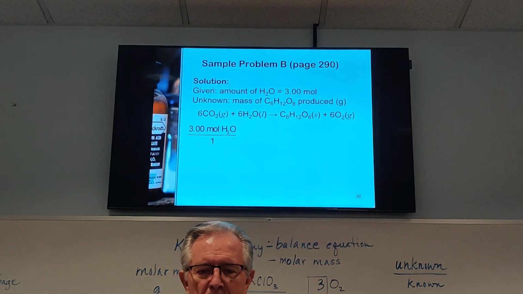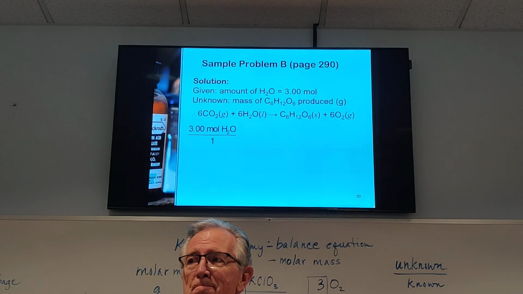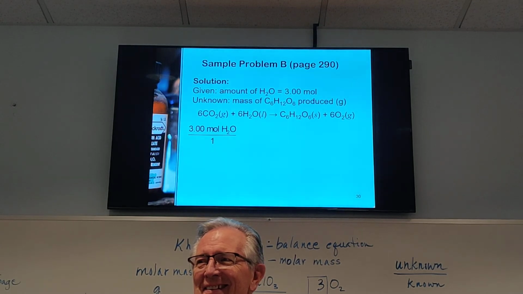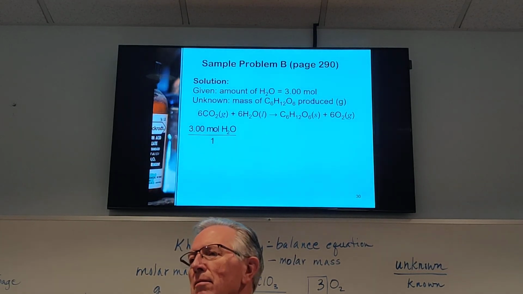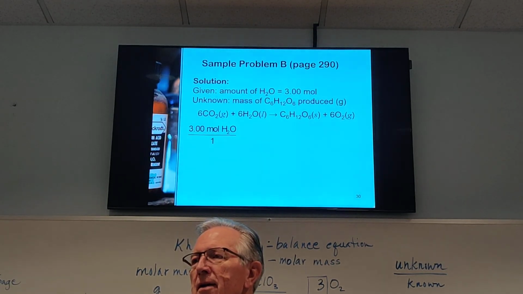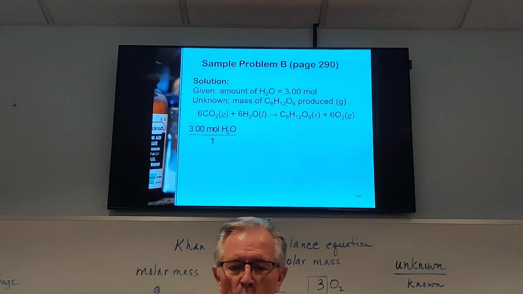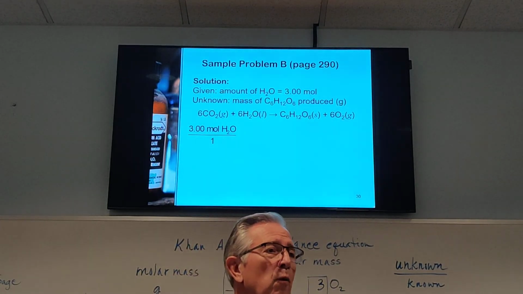What coefficient is in front of glucose? Do you see one in front of it? That means it must be 1, just like in x, 1x and x are the same thing. So I'm going to have a 1 on the top with the glucose.